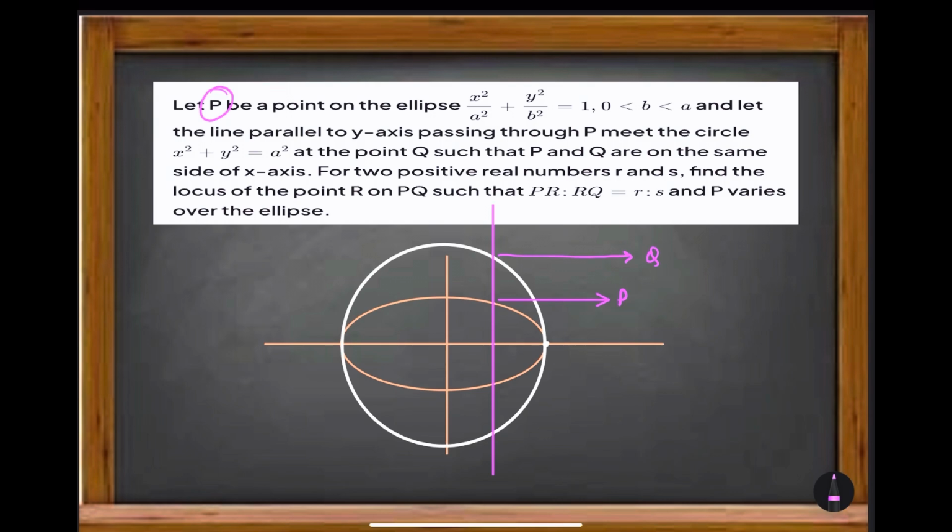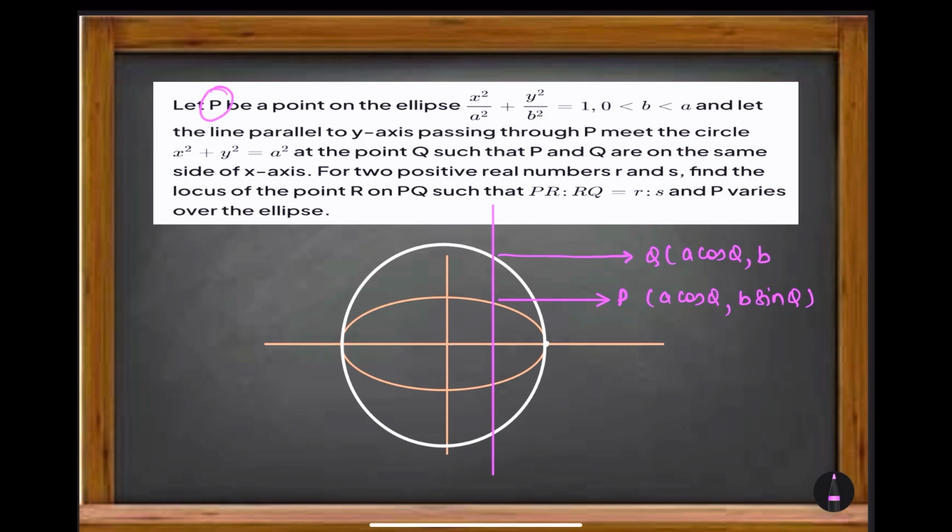I'll think about R. So look at this. Point P is on the ellipse. So how will you imagine a point on the ellipse? Exactly, (a cos theta, b sin theta). Now look at your point Q. Point Q will also have the same x coordinate, a cos theta, and y will become what?